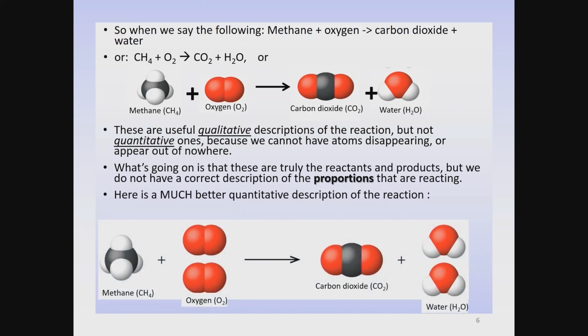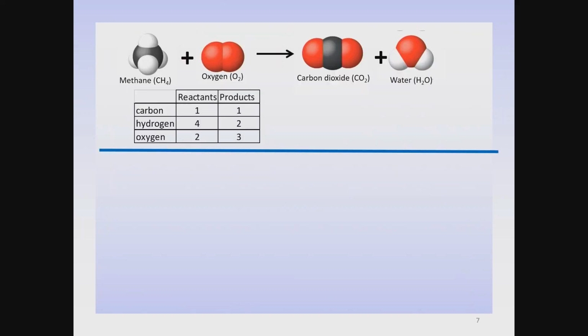Now we can change it pretty simply. So if we add in another oxygen molecule as a reactant and we add in another water molecule as a product, then it becomes not only a good qualitative description but a good quantitative description of the reaction. So let me talk about why it's a good quantitative description.